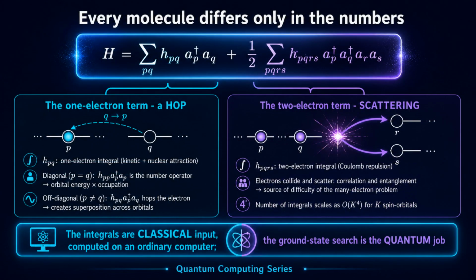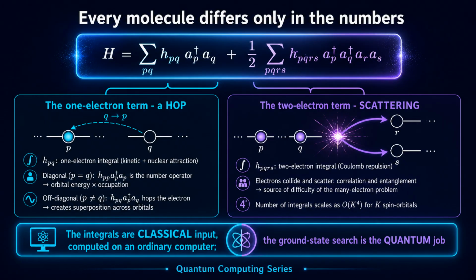In this language, the electronic Hamiltonian takes a compact and completely general form, a 1-electron sum plus a 2-electron sum. Every molecule differs only in the numbers. The 1-electron operator removes an electron from one spin orbital and puts it into another. It is a hop, and its coefficient collects kinetic energy and attraction to all the fixed nuclei.